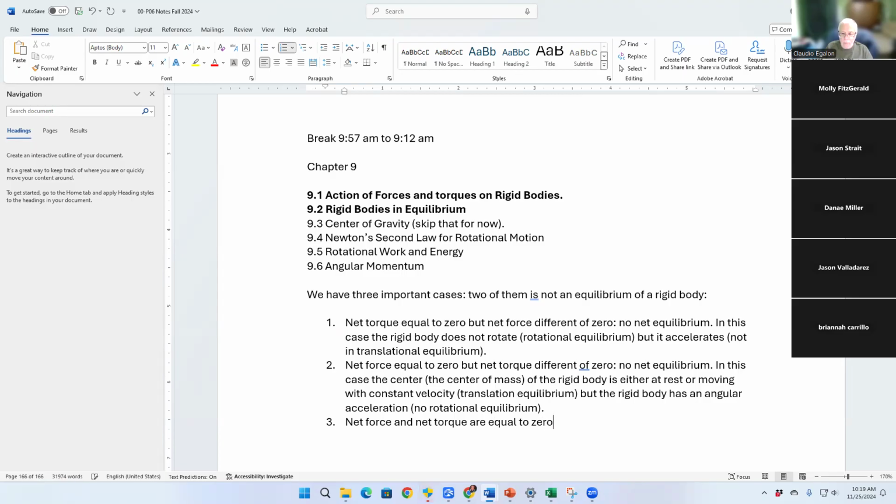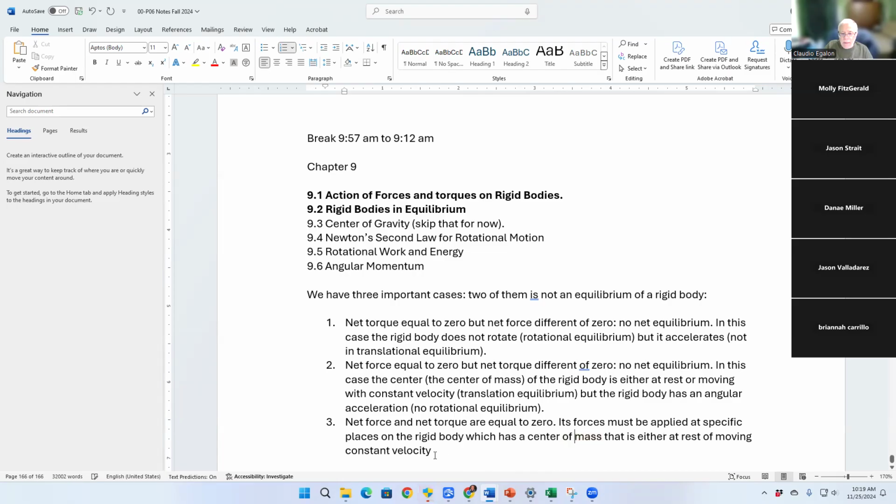The forces must be applied at specific places on the rigid body, which has a center of mass that is either at rest or moving with constant velocity, right?